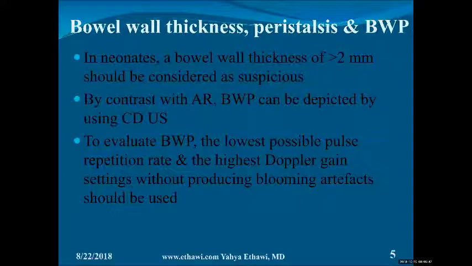There will be an ultrasound control called gain, depth, magnification. So you go to the contrast as low as you can, and try to make the highest gain you can and the lowest contrast you can, and then evaluate the bowel wall peristalsis, also the color Doppler, and also the bowel thickness.